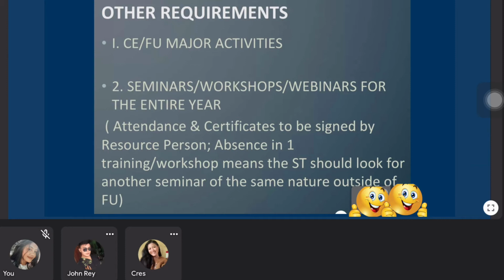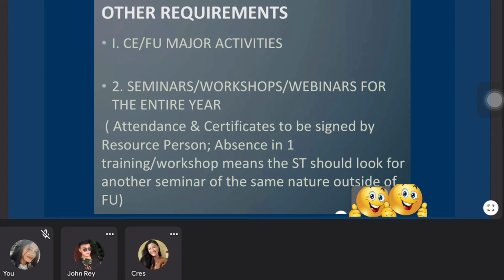So there are other seminars outside the school. There are trainings and workshops naman pod, and if you have missed trainings or workshops, so you should just have to find another seminar or workshop outside the school.